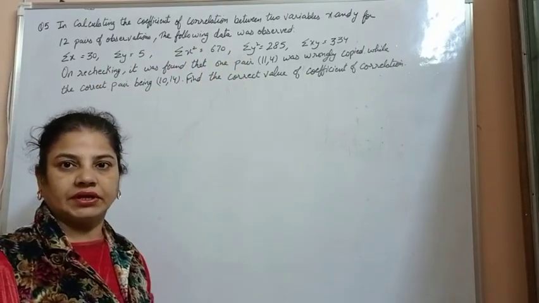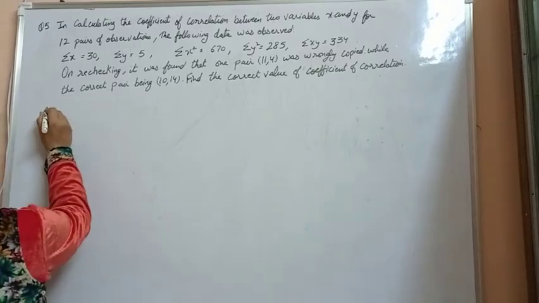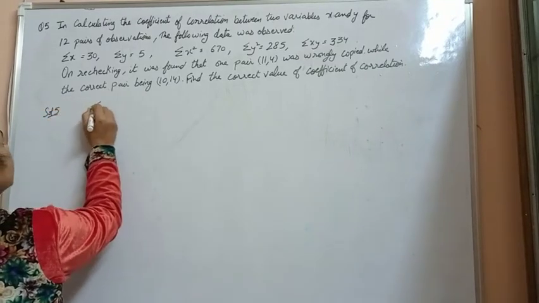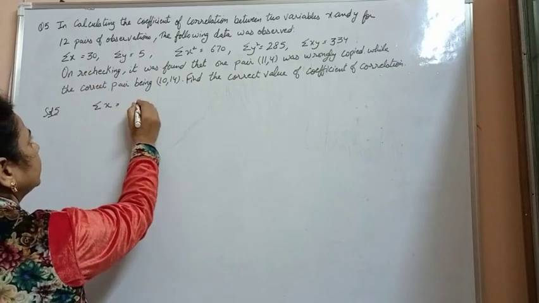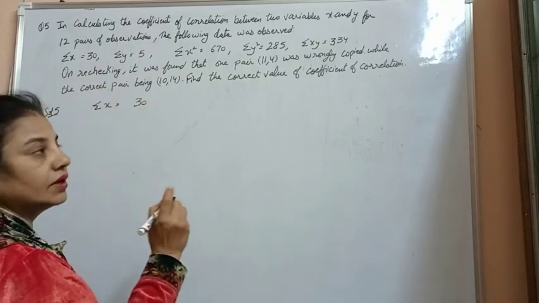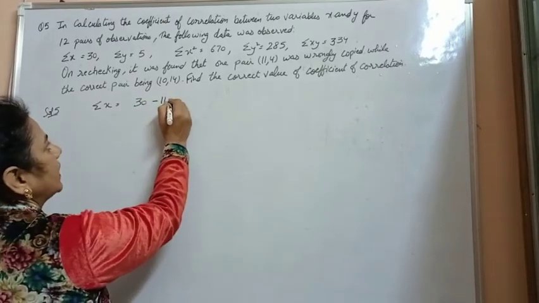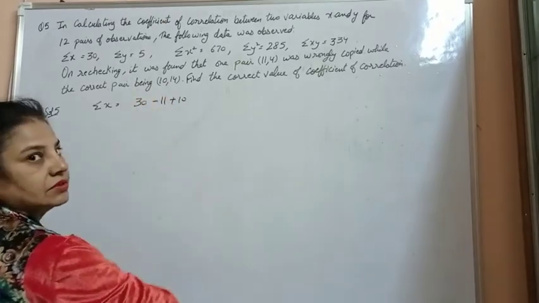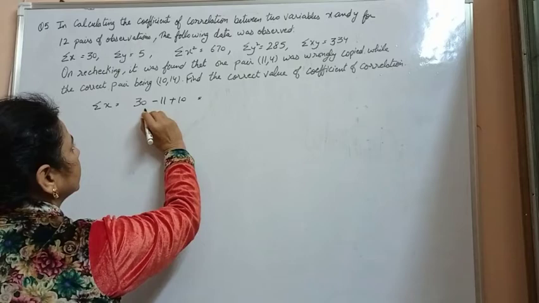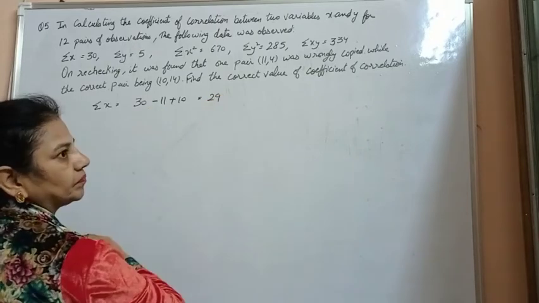Let us find the correct values. Sigma x is 30 and the wrongly read value was 11, so we subtract the wrong value 11 and add the correct value 10. So the sum is 29.